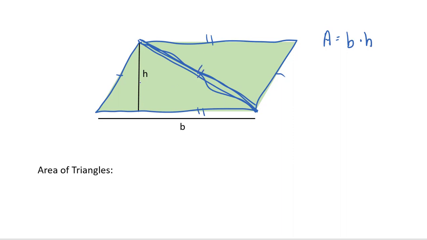So basically, the area of this triangle here and that triangle there are the same thing. So the area of one of those triangles is base times height over 2. So the area of a triangle is 1/2 base times height.